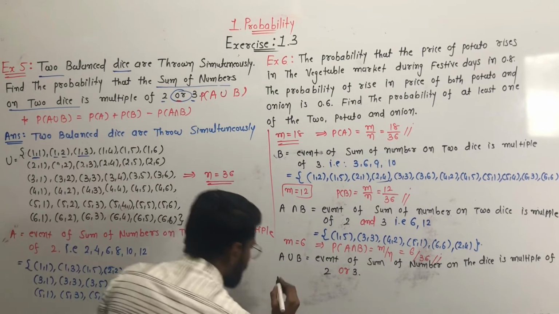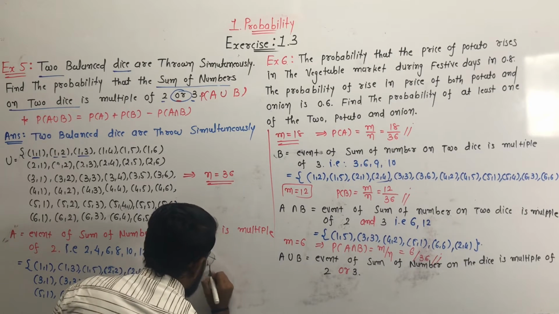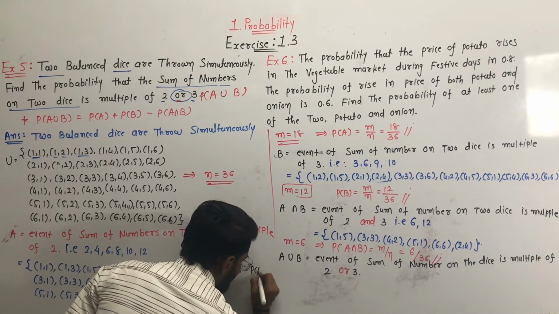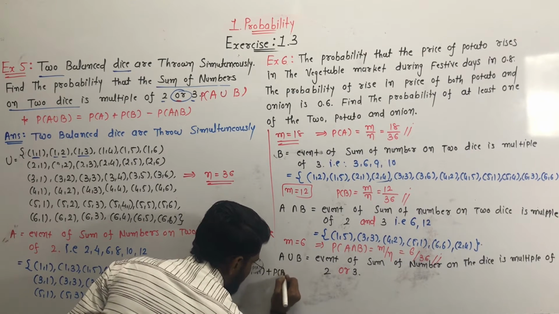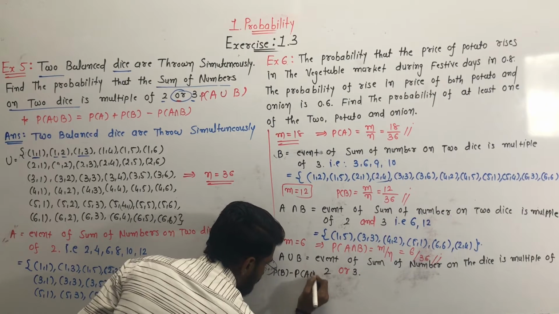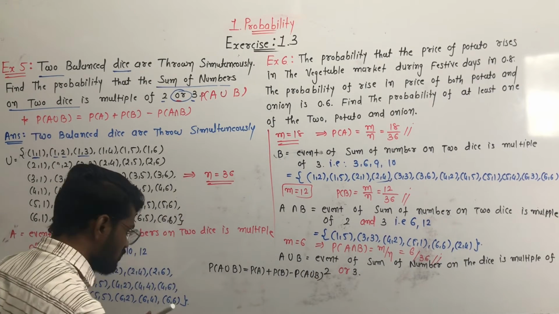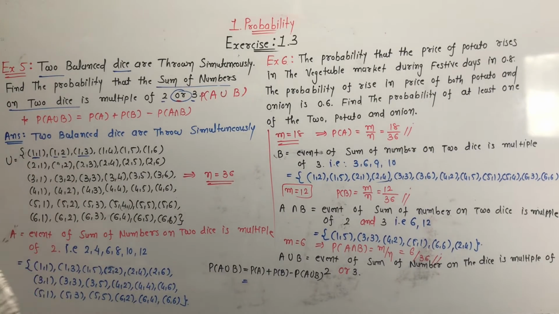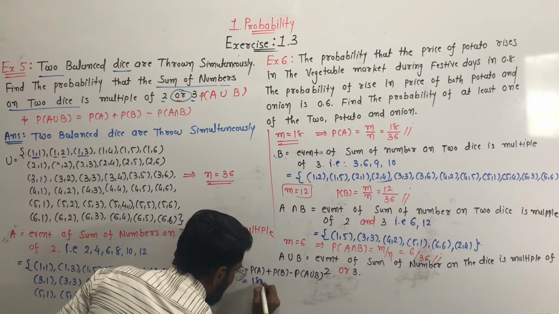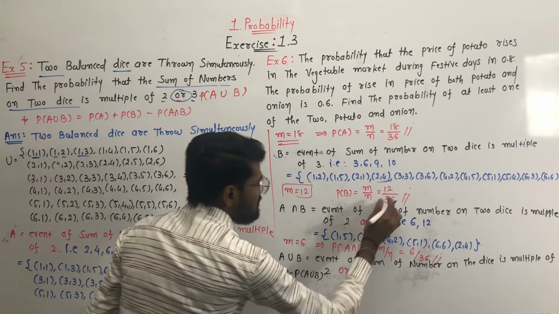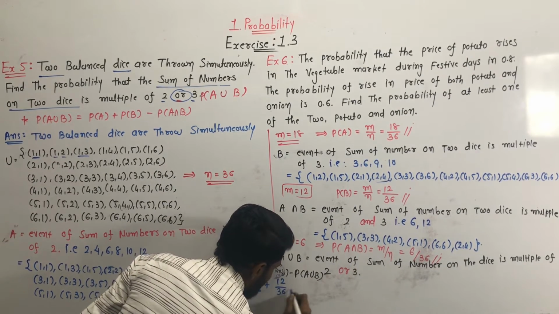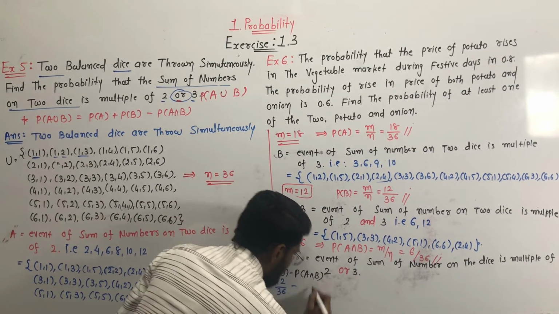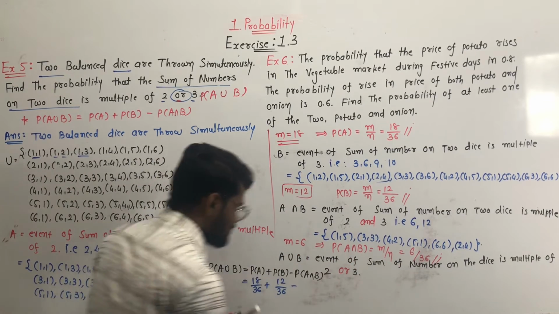Okay, so we have to find the probability of event A union B, and we can write the formula as P of A union B is equal to P of A plus P of B minus P of A intersection B. Clear? Okay, so put the values: P of A is equal to 18 by 36, P of B is equal to 12 by 36, and P of A intersection B is equal to 6 by 36.